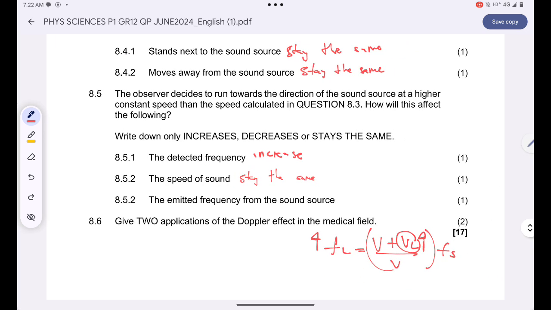Okay, the emitted frequency from the sound source, it doesn't matter whether the observer is running, backpedaling, whatever the observer is doing. The frequency emitted by the sound source will only be changed if ever the pitch of the sound source is changed. Are you together? So this will simply stay the same as well.